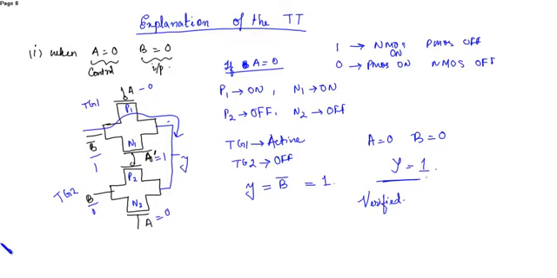Now let's see the second condition. The second condition is A is equal to 0, B is equal to 1.